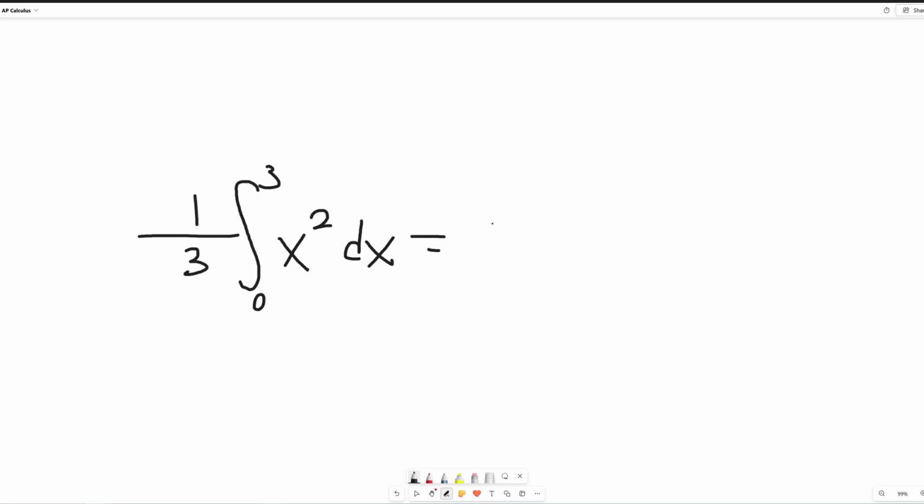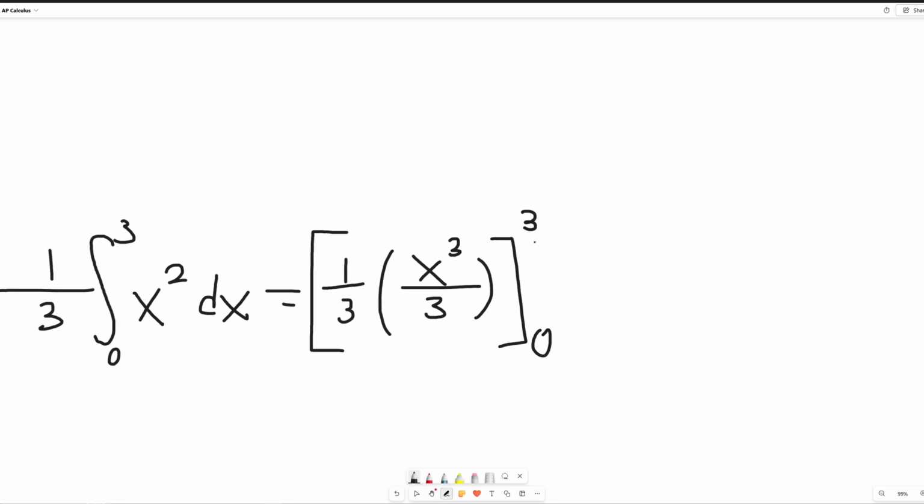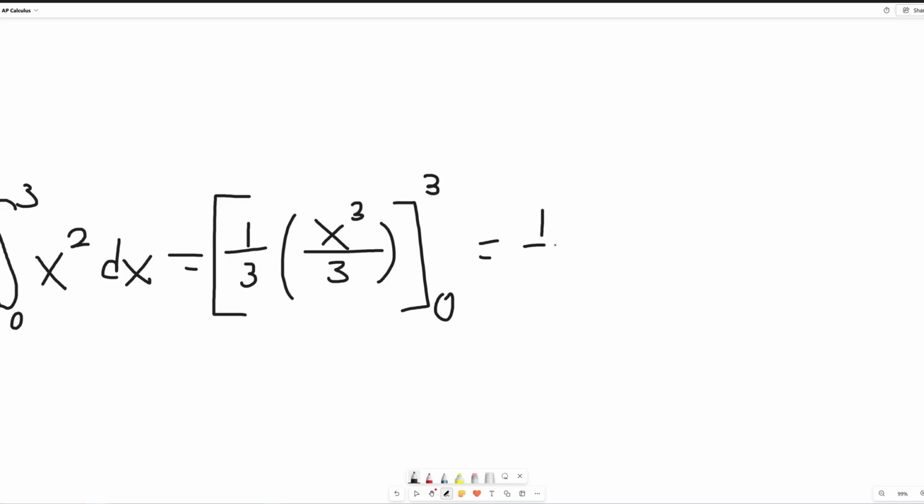Alright, so it's integrating it now. I mean, 1/3, we're going to keep that separate. Then we're going to have x cubed over 3. And this all goes from 0 to 3. So the 0, when you plug it in, is going to give you a 0 solution. So that doesn't matter. We can only focus on this 3. And this equals 1/3 times 3 cubed over 3.